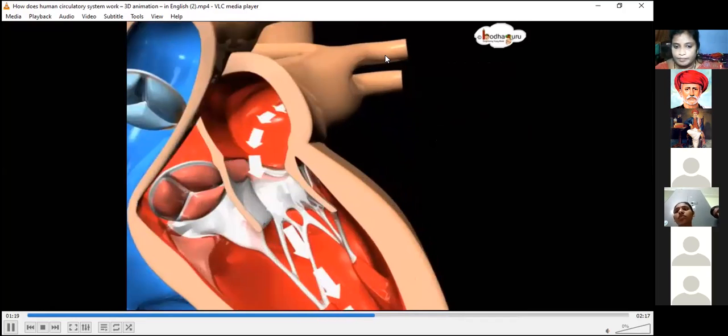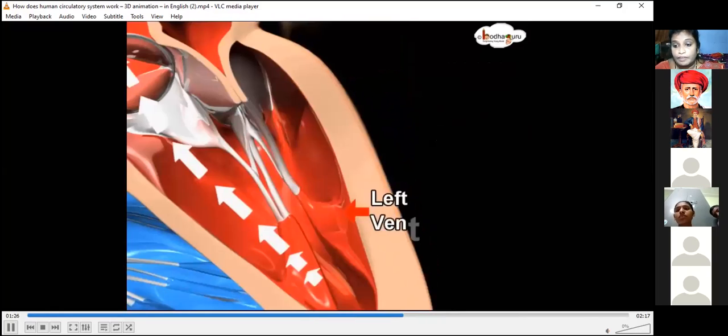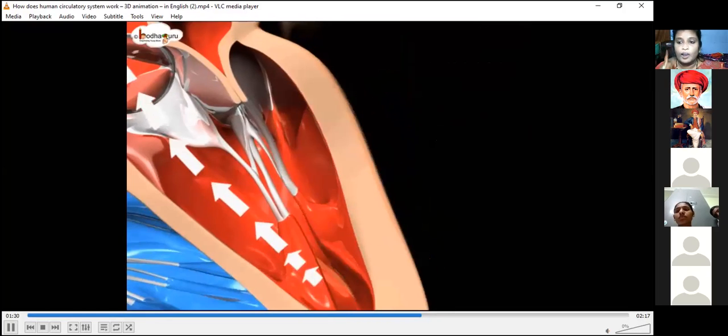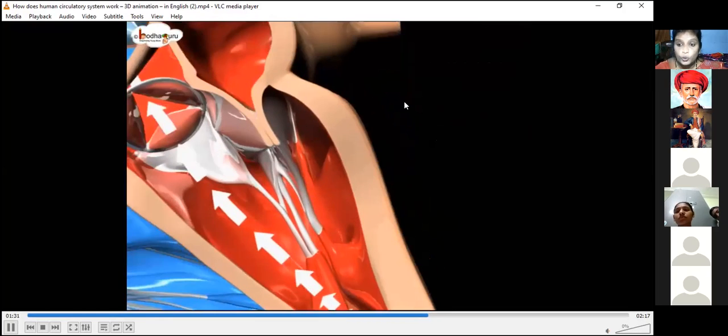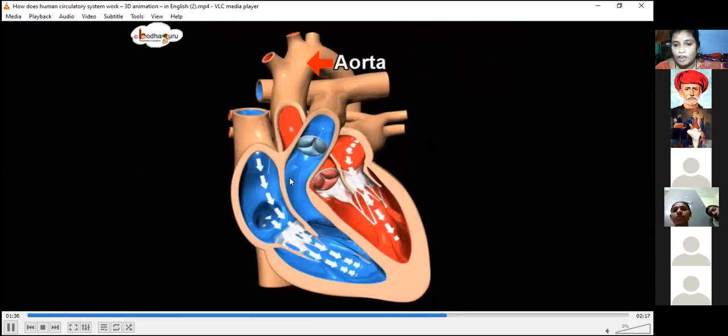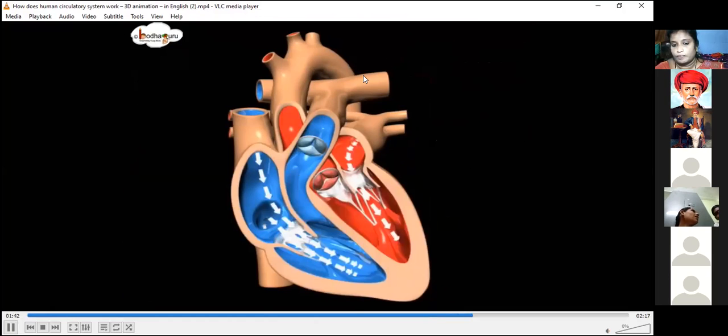See, left atrium and left ventricle carry oxygenated blood, connecting with the aorta. Deoxygenated blood connects with the pulmonary artery. Oxygenated blood connects with the aorta. Okay.